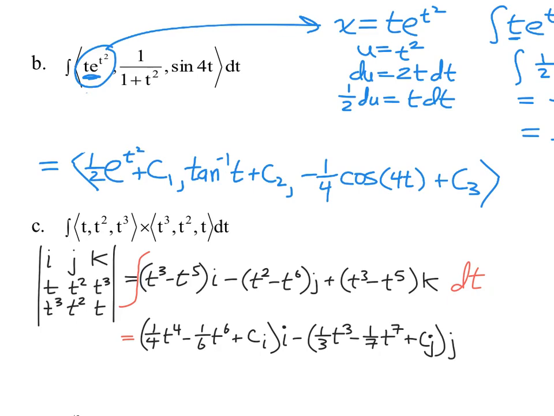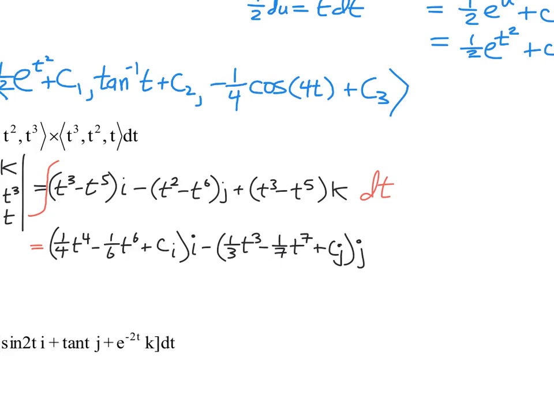That'll give me my j component. And then the last part would be plus 1/4 t to the fourth minus 1/6 t to the sixth plus my k constant. And that's the k component.